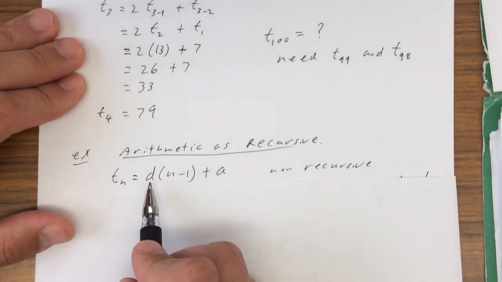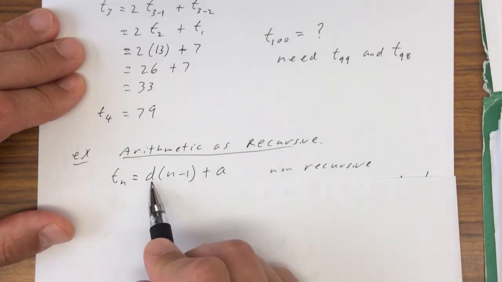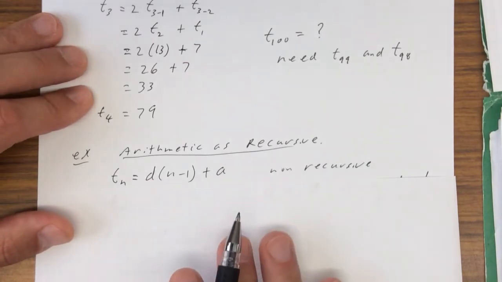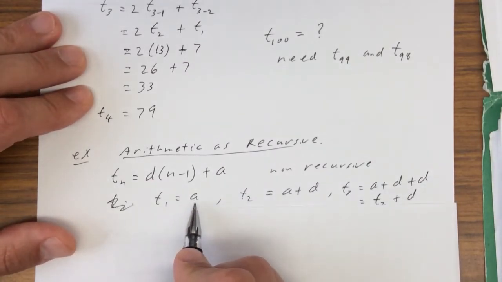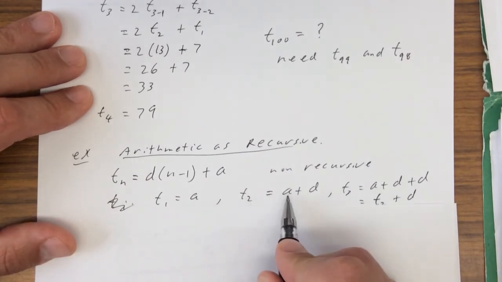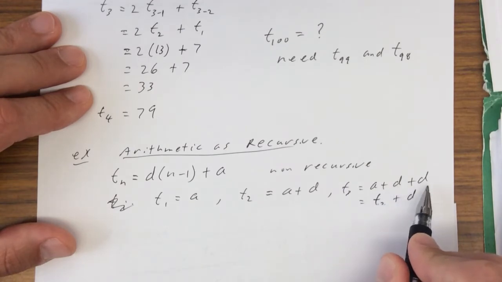So you start with the value a, and each time you add d to it. For example, t1 equals a, t2 equals a plus d, t3 equals a plus d plus d.